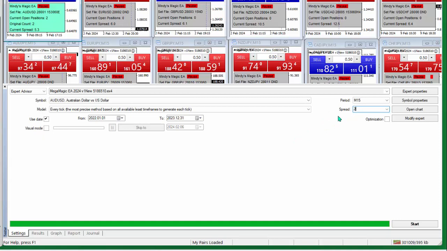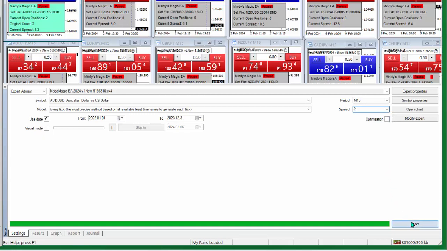So in actuality, we're probably going to get fewer trades than what we would have gotten if the market was on right now and we were using the current spread, which would probably be somewhere around 0.8 to maybe 1.1 at the most, maybe as low as 0.1. So anyway, we're using 2 for the spread, and then all we're going to do is tell it to start the test.